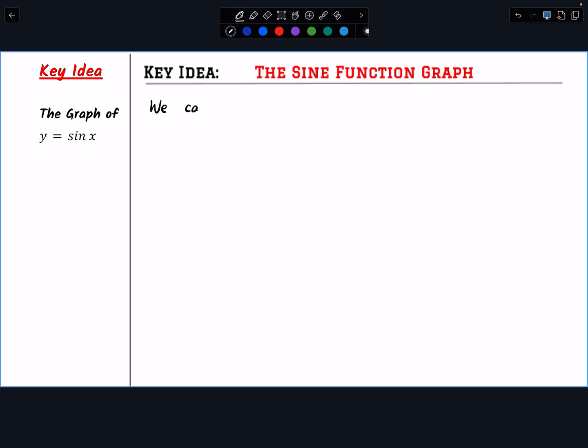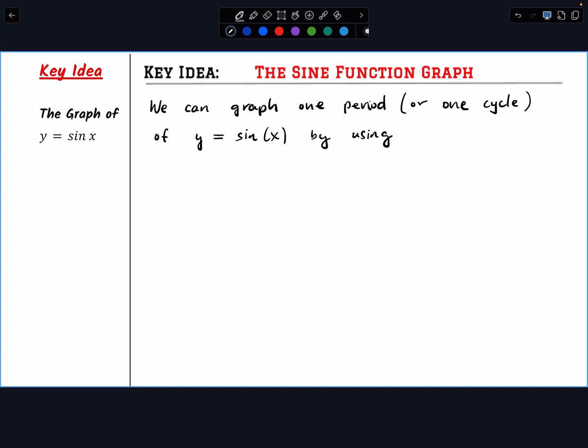We can graph one period, or one cycle, of y equals sine of x by using some key points.